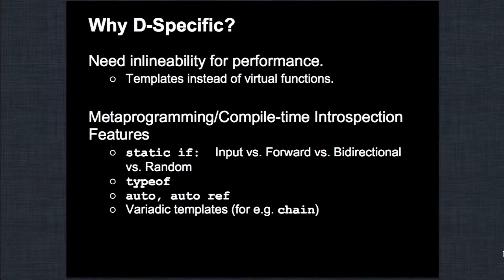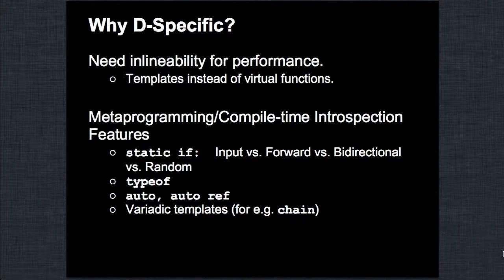We can distinguish between input, forward, bidirectional, and random access ranges, and in our higher order range, we can offer whatever we can support based on what our source range offers. For example, map is a random access range if and only if its source range is random access. If not, then it goes down to the lowest common denominator, whatever the source range supports.